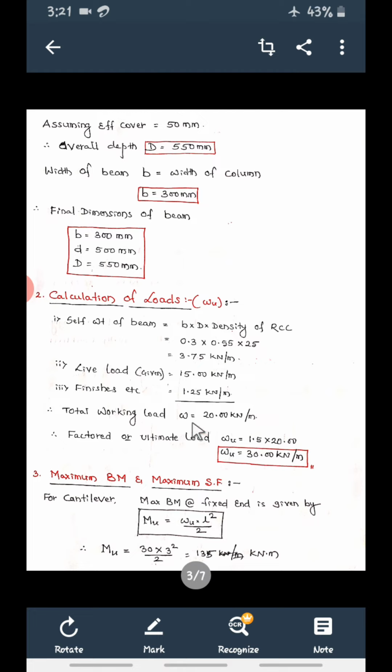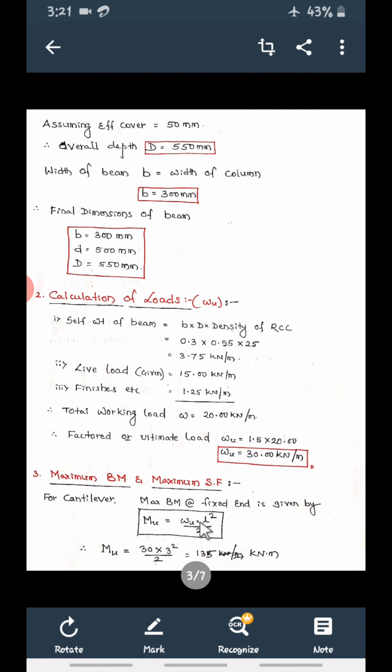So this is the second step, where we calculate the total load WU. Now the third is the maximum bending moment and maximum shear force. Once you get the total load, calculate the maximum bending moment. Now this is a cantilever beam we are designing, where the maximum bending moment at the fixed end, or the support, is given by MU is equal to WL square by 2.